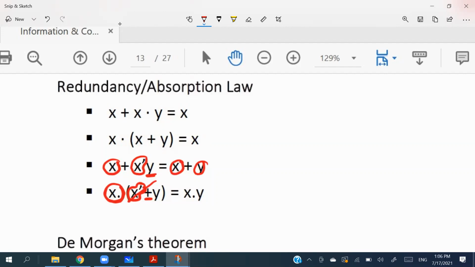Right? දැන් මෙතන x bar dot y තියෙනකොට dot එක සලකුවේ නැහැනේ අපි. So same happens over here. Right, so we can go with x dot y over here. We forget the x bar, right? And along with plus.